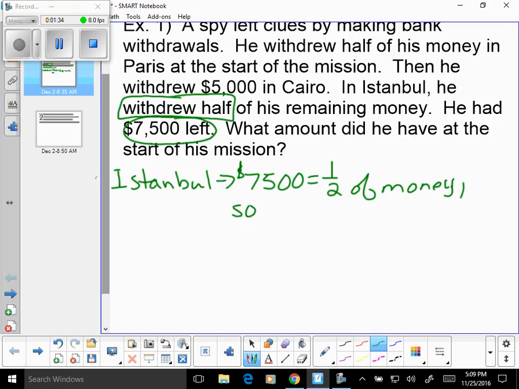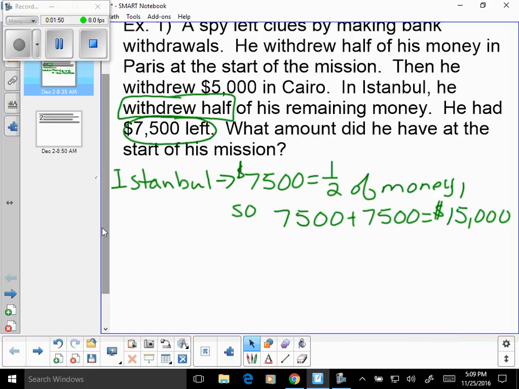So we are going to take 7,500 plus 7,500, and we now know that in Istanbul, when he got there anyway, he had $15,000.